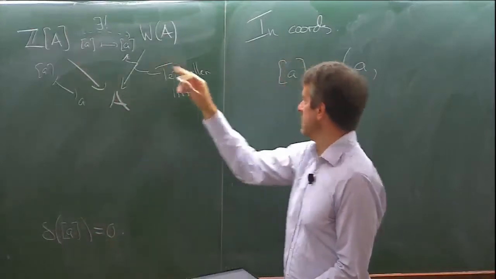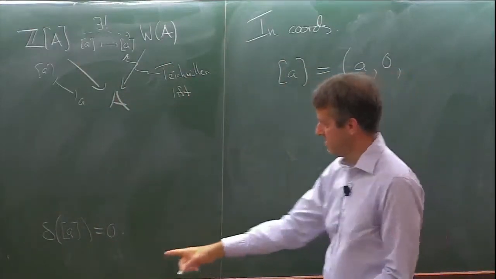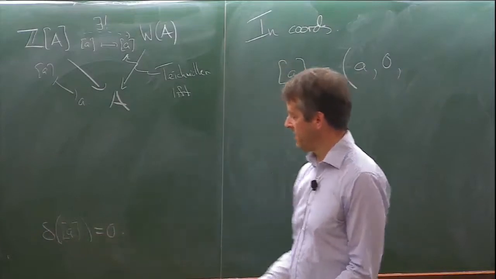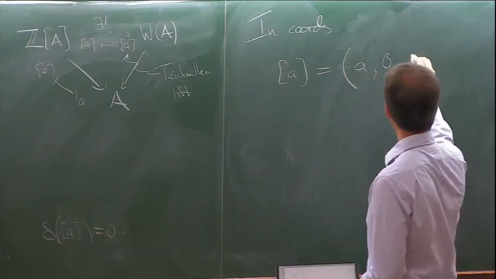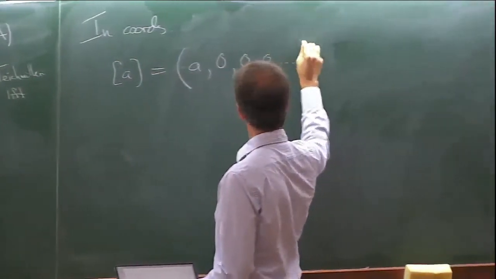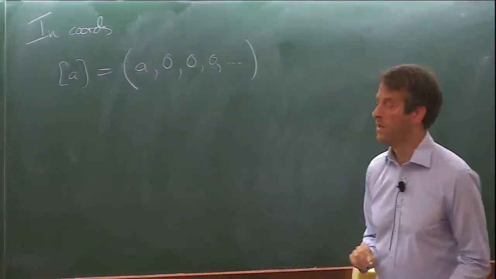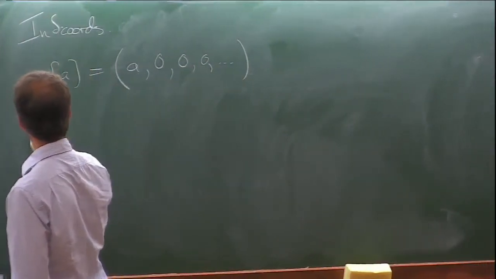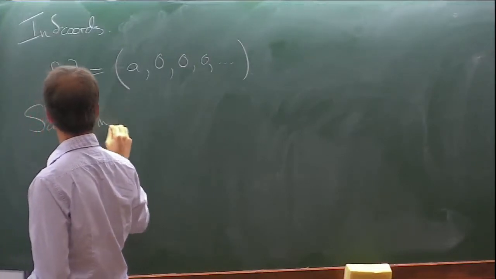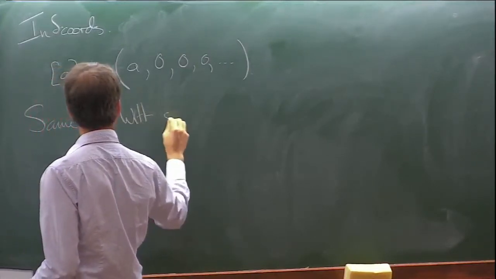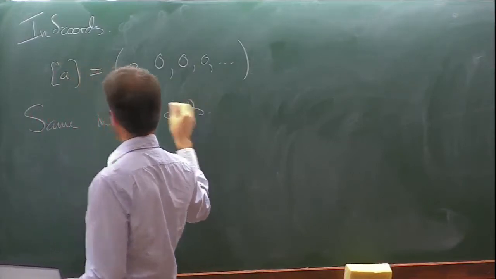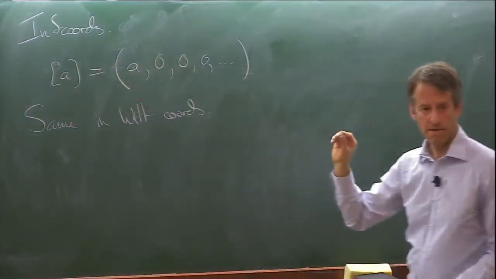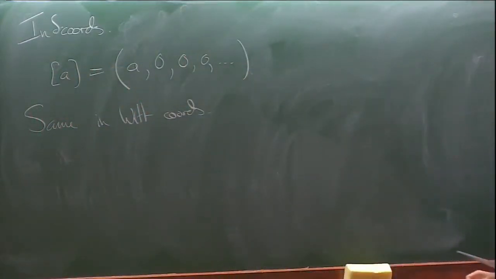So its image in here is 0. And then because delta of 0 is 0, if you continue to apply higher powers of delta, you get more zeros. So that's the Teichmuller lift. This is in delta coordinates, but the same is true in Witt coordinates, which everybody knows. The Teichmuller lift of an element is just the element put in the first component.